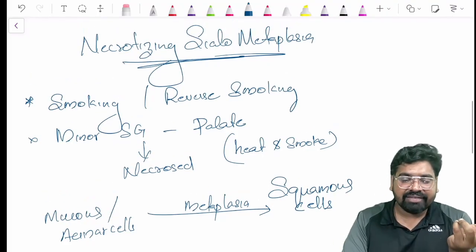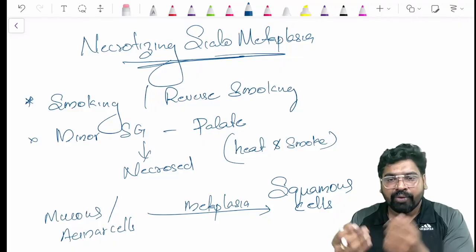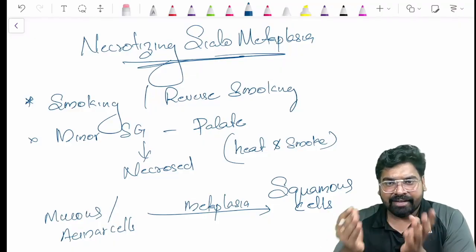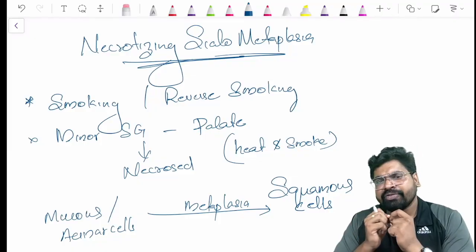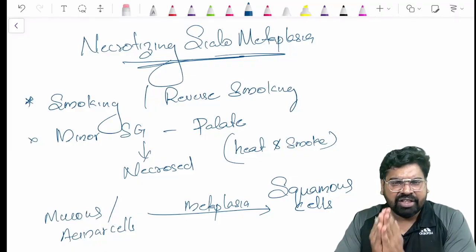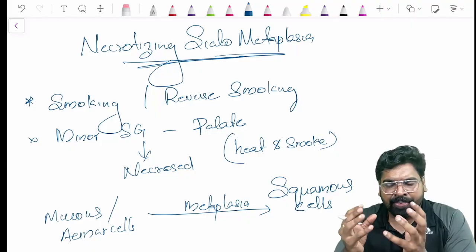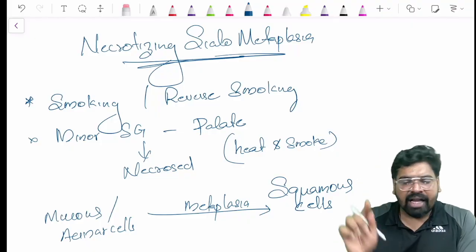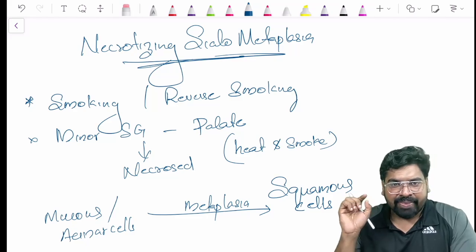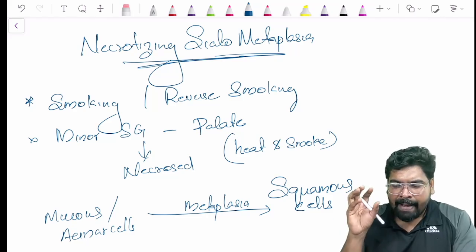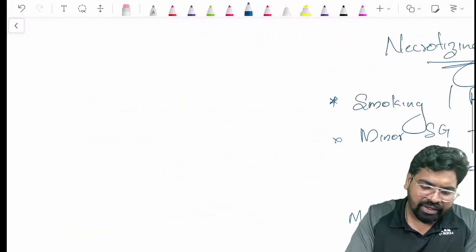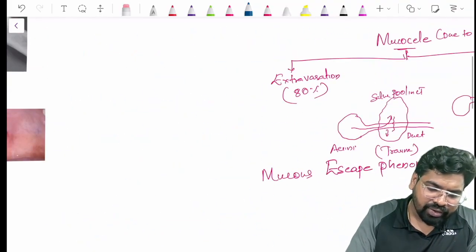So necrotizing sialometaplasia: due to reverse smoking, the heat and smoke, the minor salivary glands of the palate have ischemia and get necrosed, and that area of necrosis will look like a punched out ulcer. I can show you the image here.